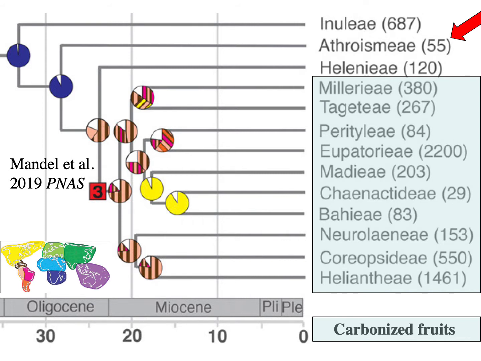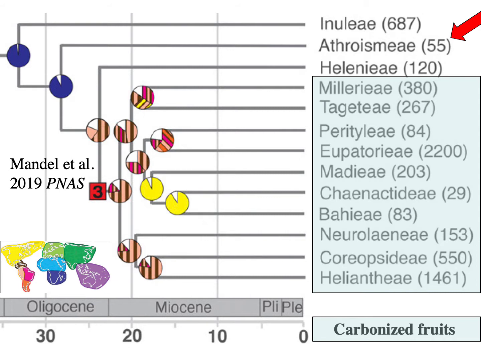Up at the top, that's always been recognized as a distinct tribe, and it's strictly Old World in its membership. You can see the biogeographic reconstructions at the nodes of this phylogeny, with a legend in the lower left that shows the different parts of the world color-coded.